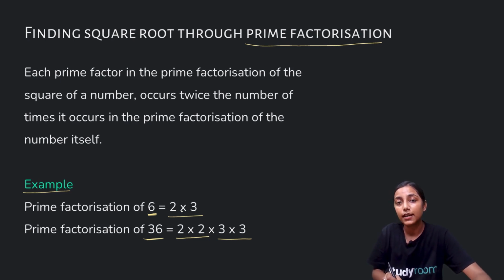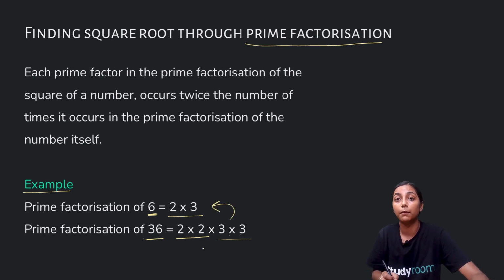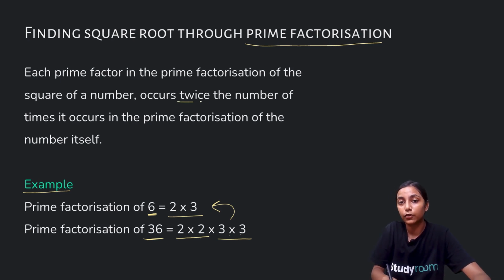This is what is written in the statement: each prime factor in the prime factorization of the square of a number occurs twice the number of times it occurs in the prime factorization of the number itself. Since 2 occurs 2 times here and 3 occurs 2 times here, in the prime factorization of the square root they are going to occur 1 time, because the number gets doubled.